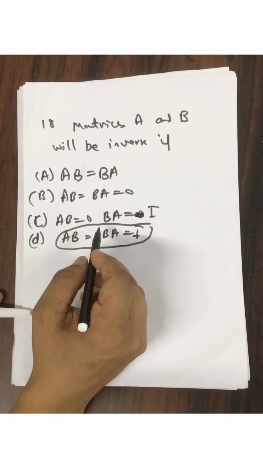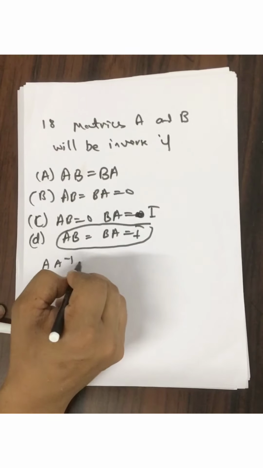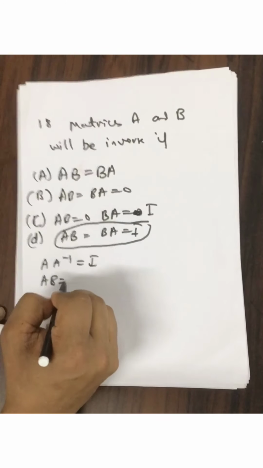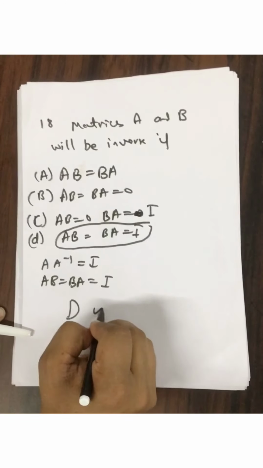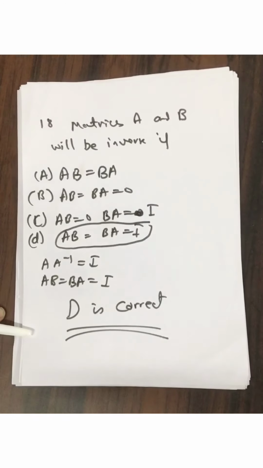You must be knowing that we did in the first. Why? Because A inverse equals I, we used to do. So that means AB equals BA equals I. Option D is correct. Got it?